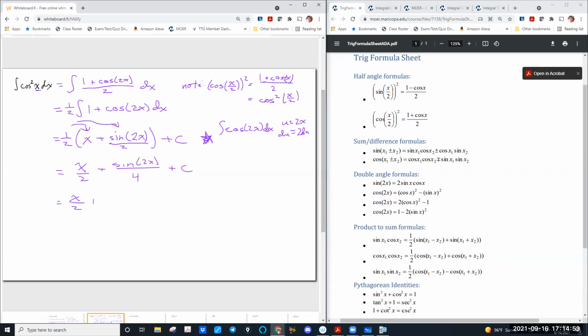So x over 2 plus 2 sine x cosine x over 4 plus c, and we'll do a little bit of canceling because we can. If you wanted to not have 2x in your final answer, go to your trig formula sheet and convert it back. Not required. This is a correct antiderivative, but you can if you want to make it look a little more like the original.